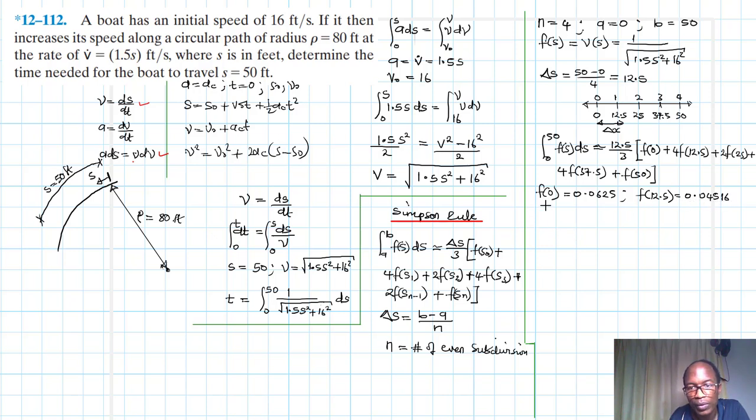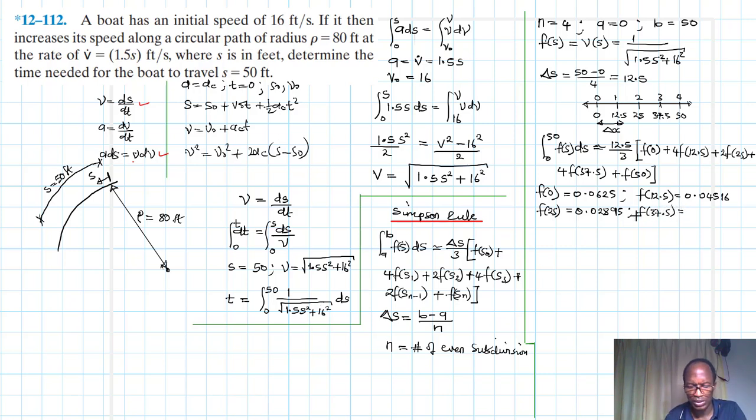Then I have f of 25, which is 0.02895, and then f of 37.5.